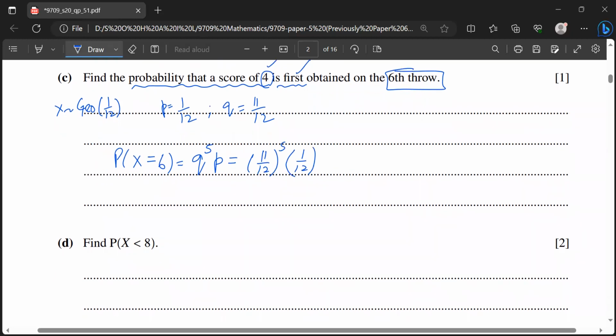And yes, we need the answer correct to three significant figures. When you simplify, you can verify 0.0539 is the answer, that the first success is on the sixth throw.